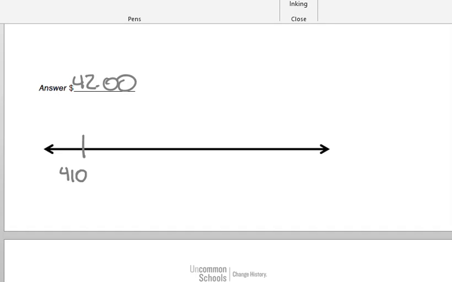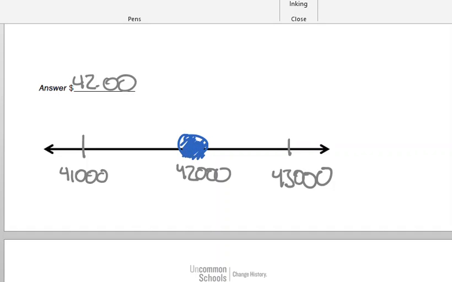So also 41,000, 42,000, 43,000, and when I have a greater than or equal to, I know that my circle is filled because it could also be 42,000. I'll put an arrow there just to indicate that it could go on and on and on, and it would still be a correct answer.